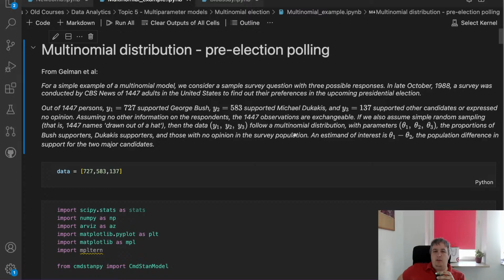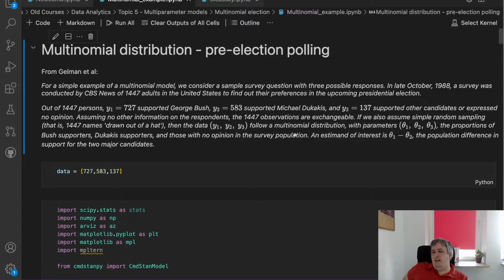His opponent was Michael Dukakis, a Democratic senator, and there was also a group of independents, or just people who decided not to vote. We had a survey by CBS News of 1,447 American adults to find their preferences in the upcoming presidential election.